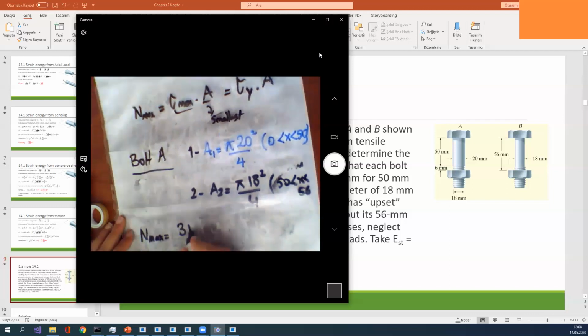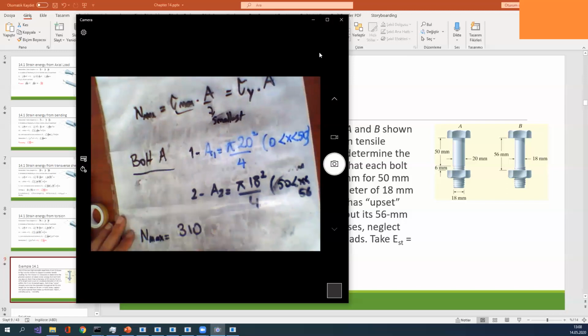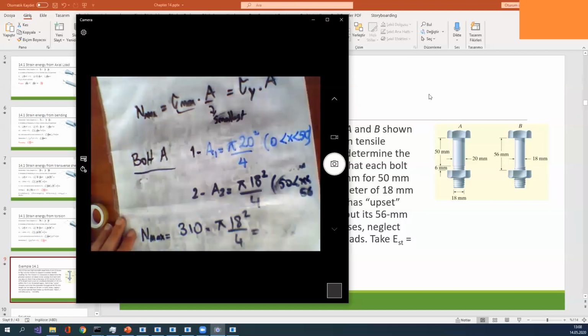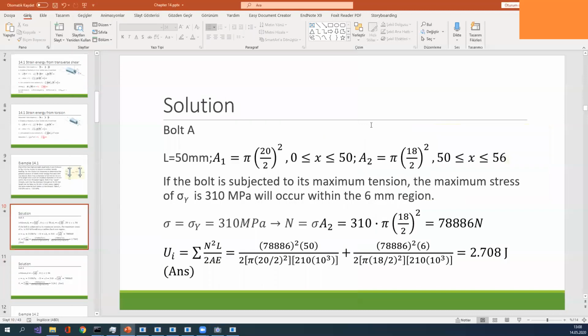N maximum is equal to the sigma maximum, 310 megapascal, sigma y, times the area, pi times 18 squared divided by 4. Looking at the computing result, you can see 78,886 Newton.